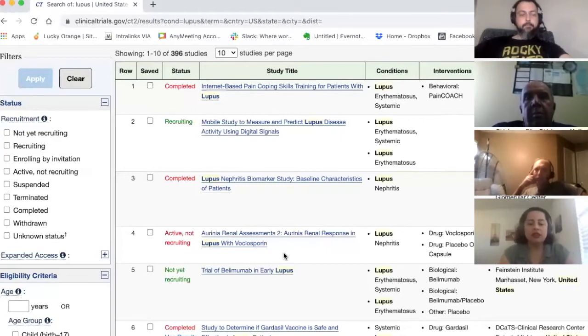I also think that people participating in clinical trials in different areas, like clinical research coordinators or nurses that are part of these minorities, could also help with this.